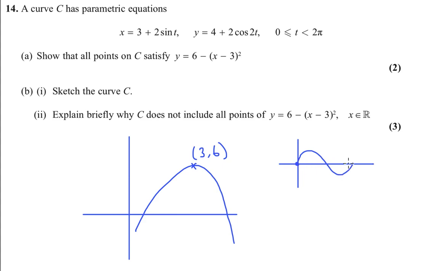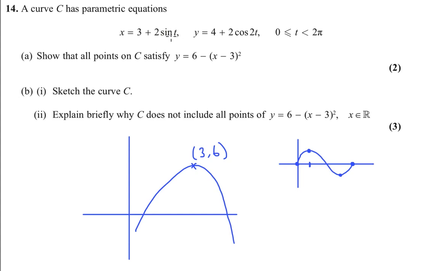So we've checked this value, that's 0. We've checked this value as well, that's given us 0. But that's not really helped us, because when we substitute it in here, we're just going to get 3 for both. We need to think about the values that sine t are going to be, the biggest and smallest values of sine t.